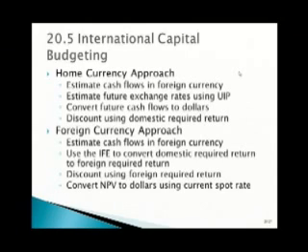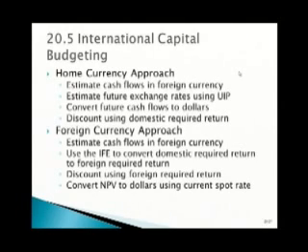Second is the foreign currency approach. And in the foreign currency approach, we first estimate the cash flows in the foreign currency. Now, I believe, if we go back to the home currency approach, I believe there's an error in that slide. We first would estimate the cash flows in the local or domestic currency, not the foreign currency.